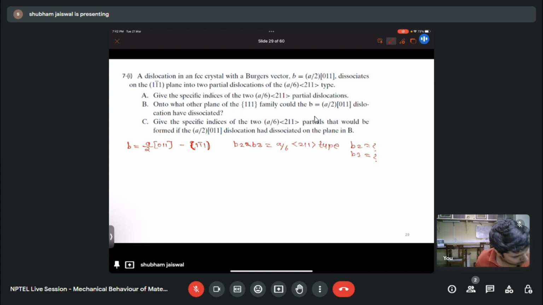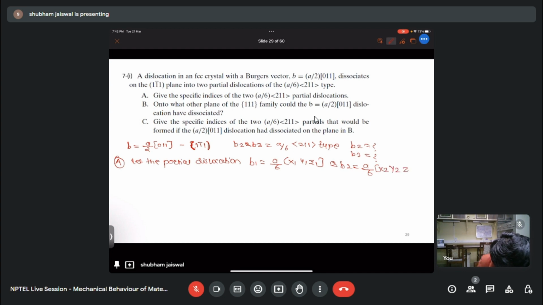We'll try to solve the first part, that is A. Let the partial dislocations be B1 equal to a by 6 x1 y1 z1 and B2 equal to a by 6 x2 y2 z2.